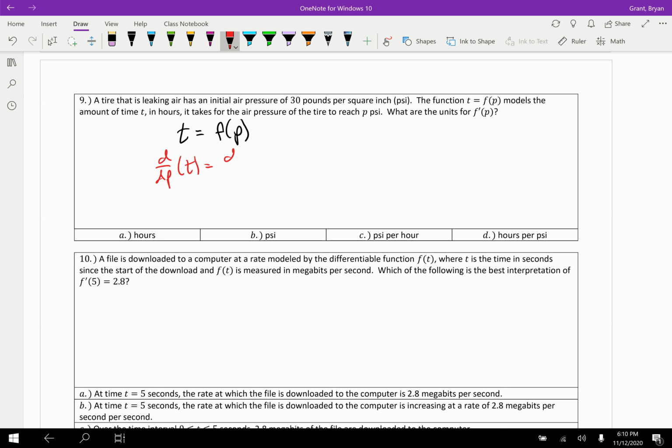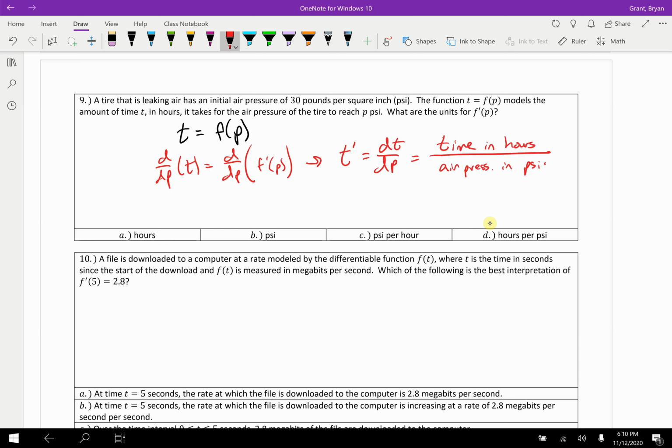As we go through, we need to take the derivative with respect to p. And that's why this problem is so weird. People see that t and they're like, ooh, we must be taking the derivative with respect to t, and you're not. You always take the derivative with respect to the independent variable. So f prime of t, or if you wanted t prime, the derivative of this is given by dt/dp, which is going to be the time in hours per the air pressure in psi.